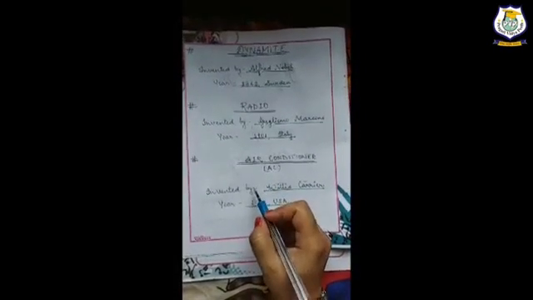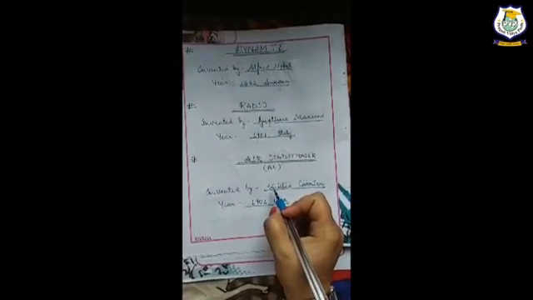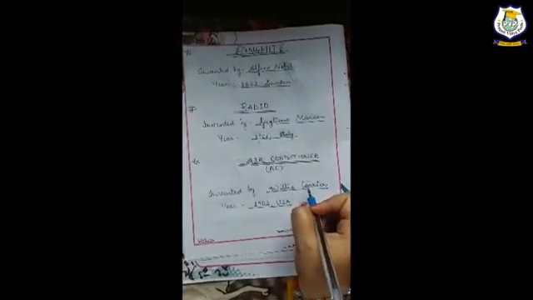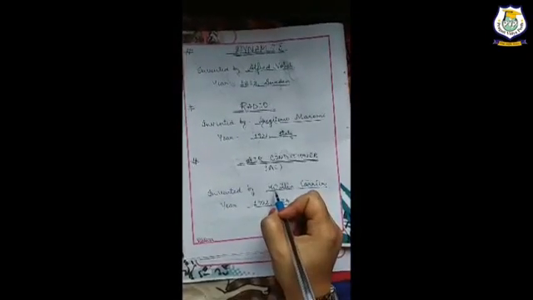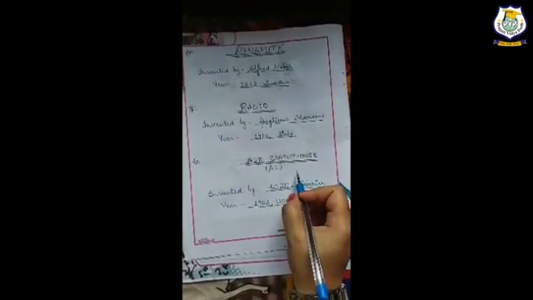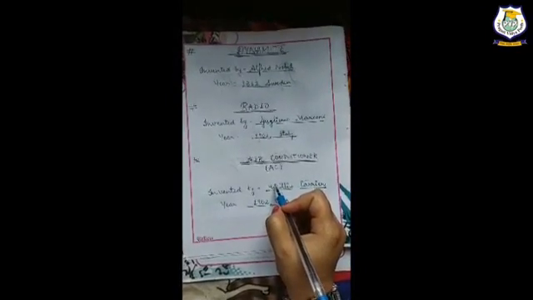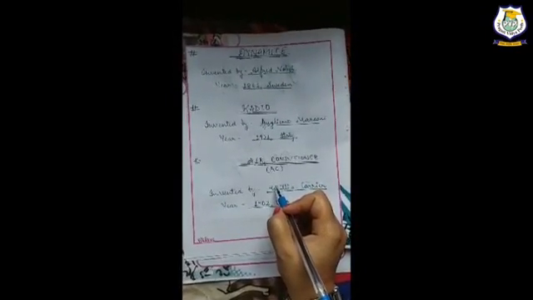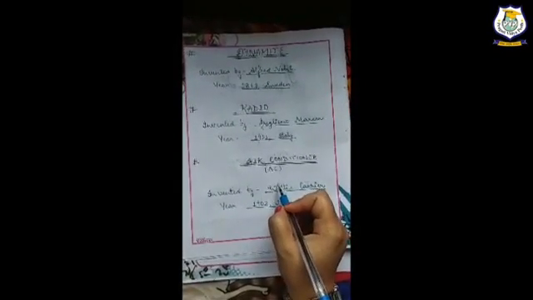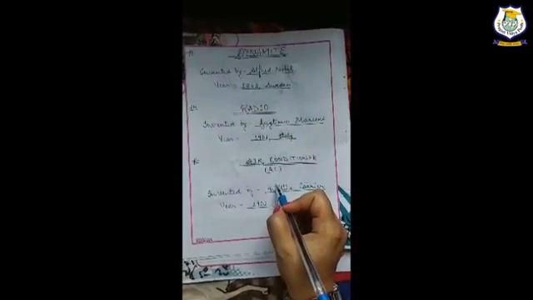Students, in 1902, a 25-year-old engineer from New York named Willis Carrier invented the first modern air conditioning system. He designed AC not for human comfort.